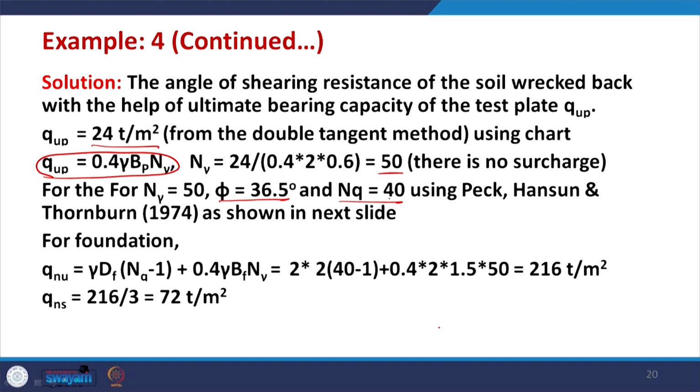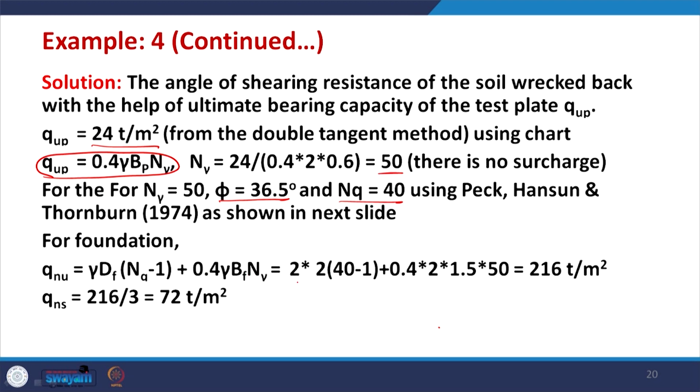Now, using this data, we calculate the ultimate bearing capacity for the footing. Because ultimately we need to find the net safe bearing capacity, QNU is calculated from this relation: 0.4 gamma B N gamma plus gamma Df (NQ minus 1). Again 0.4 is coming instead of 0.5, because your footing is a square footing. The surcharge is there now, and surcharge will be gamma into Df, where gamma, the unit weight, is 2 ton per meter cube, and Df is 2 meter.